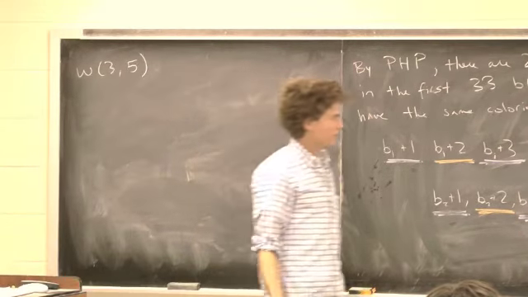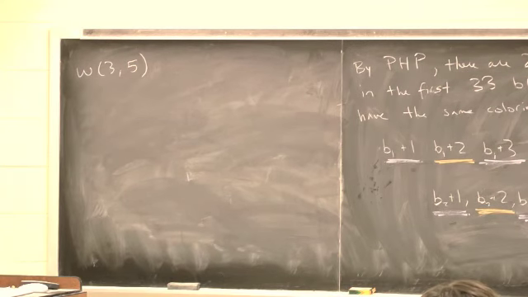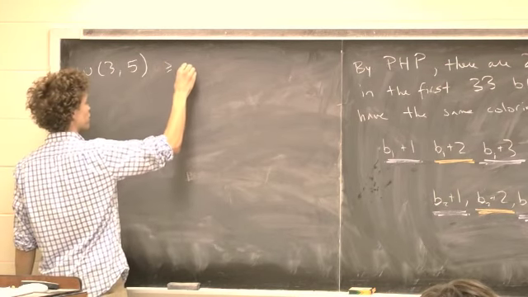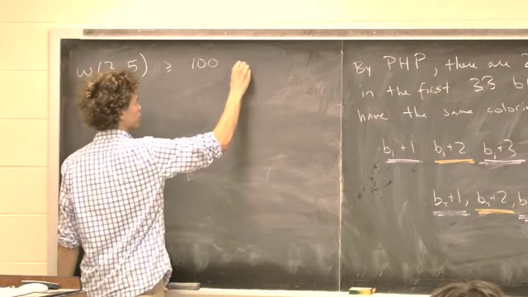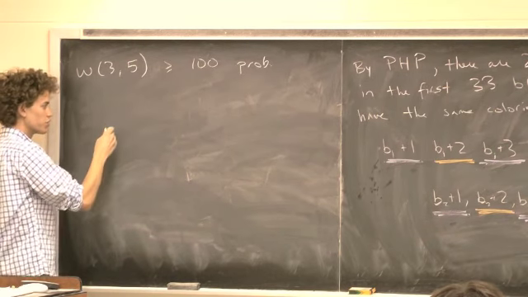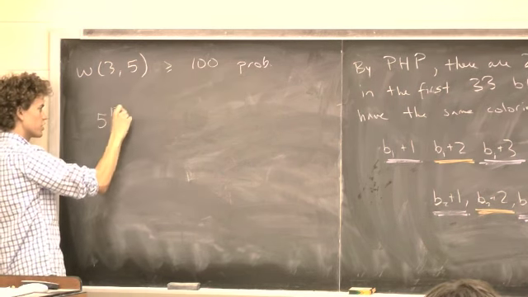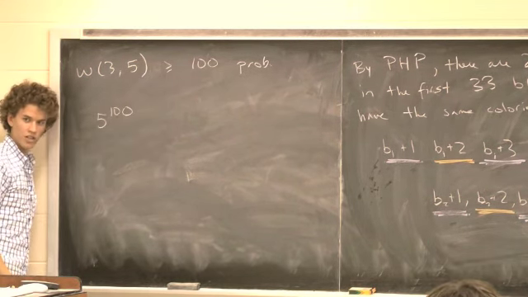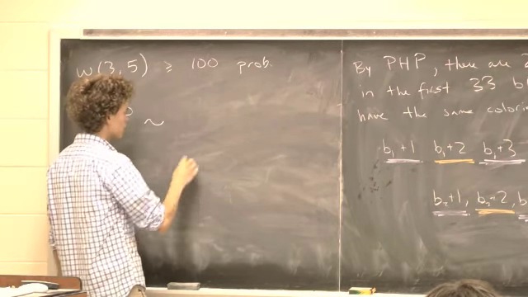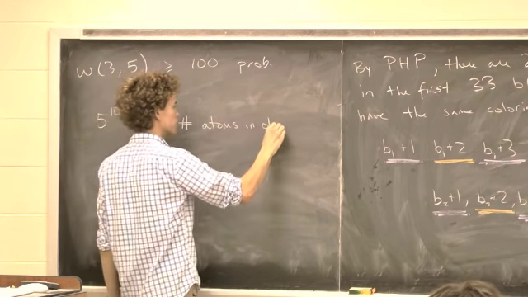So what do you think it's going to be? W(3,4) was 76, and W(5,2) is 178, so it's probably greater than 100. If you wanted to check all the 5-colorings of the numbers 1 to 100, each number has 5 options, there's 100 of them. So you want to check all these colorings. This is about the number of atoms in the observable universe.